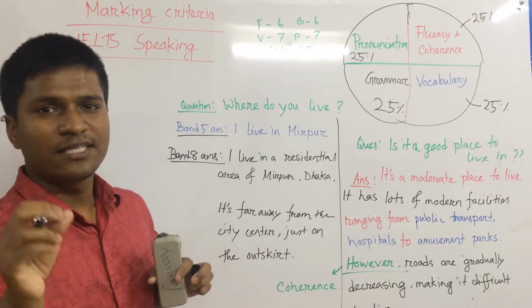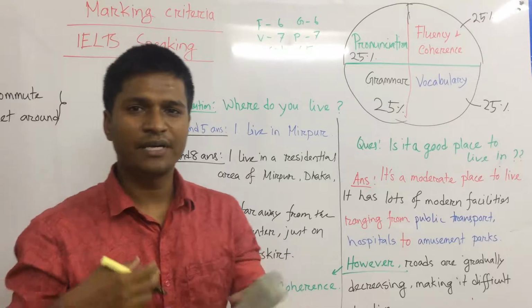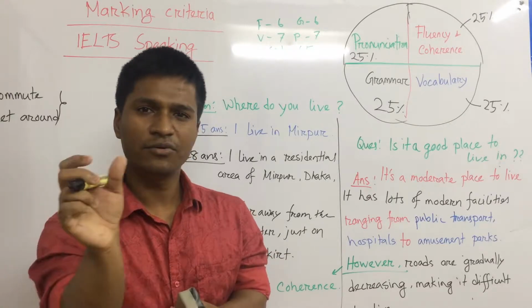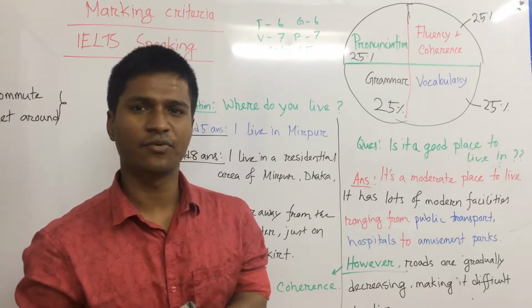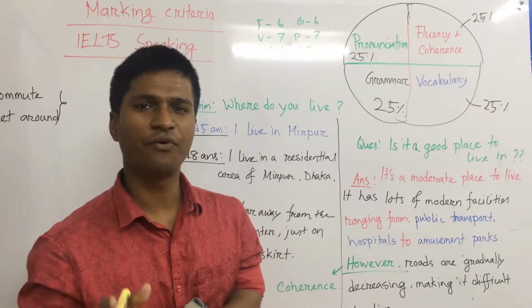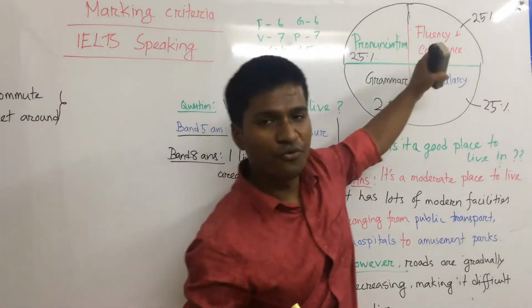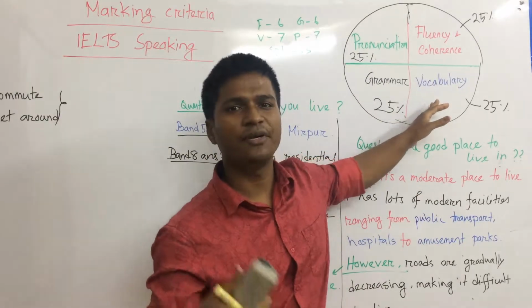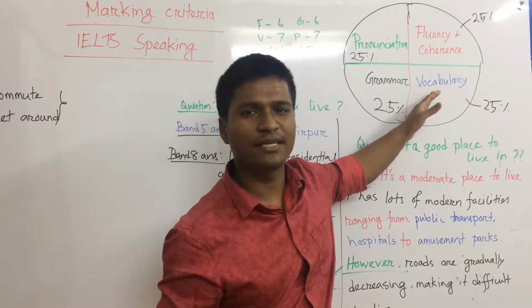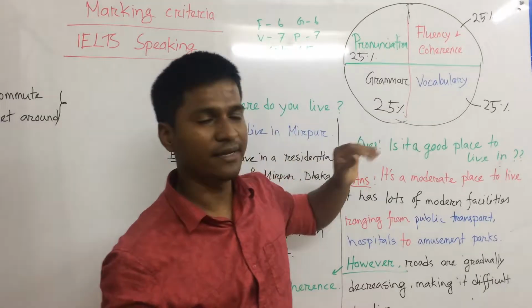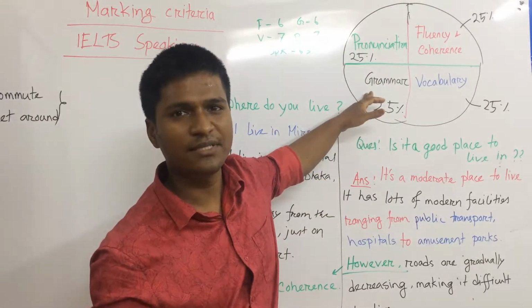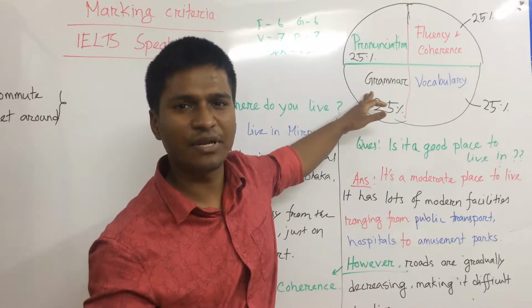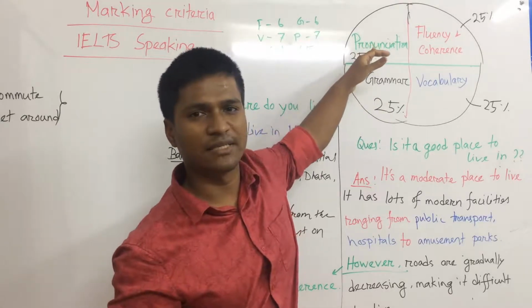In the IELTS speaking exam, whatever you are answering, those answers will be evaluated based on four criteria: fluency and coherence, vocabulary, which according to IELTS is lexical resource, grammar, which is grammatical range and accuracy, and pronunciation.